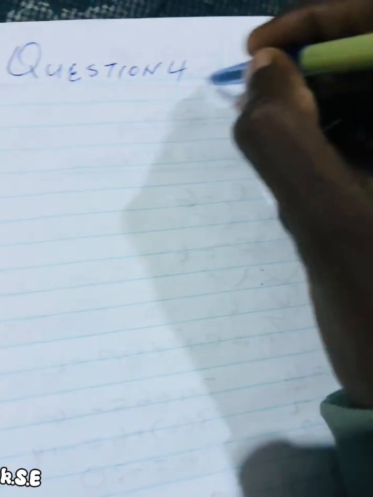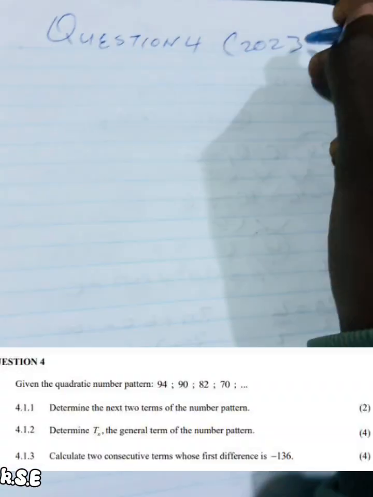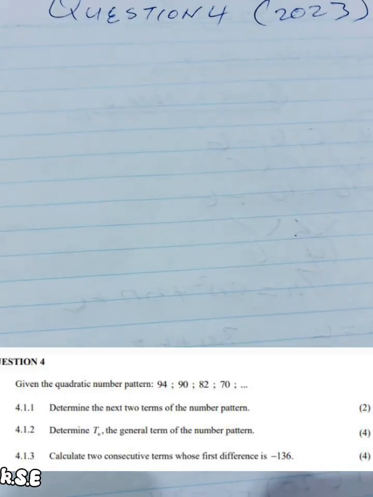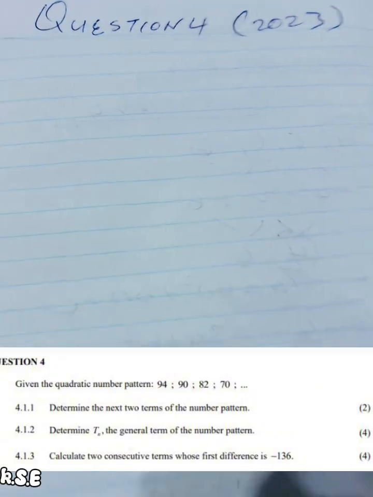Okay, then we're going to do the next question. On this one, we're going to do November 2023, question 4. We're going to do question 4 only because we are now doing quadratic equations or quadratic number patterns.